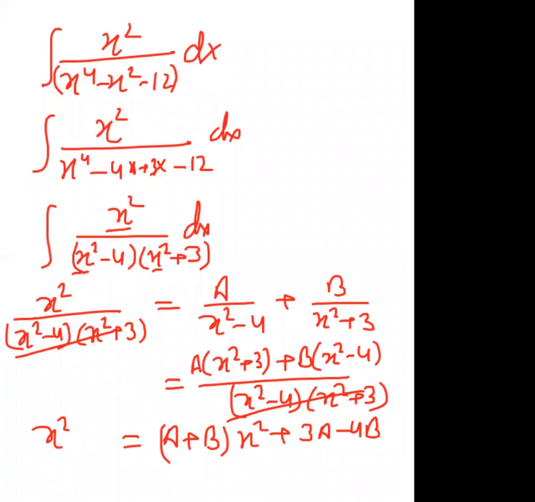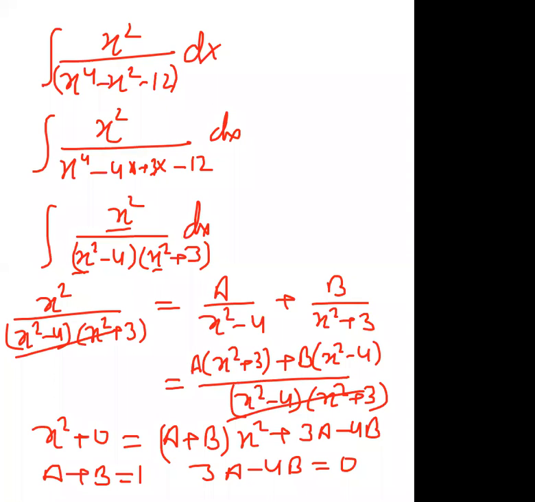Now we are getting a plus b equals 1 and 3a minus 4b equals 0, because there is no constant term. When the constant term is missing, we can write it as 0.